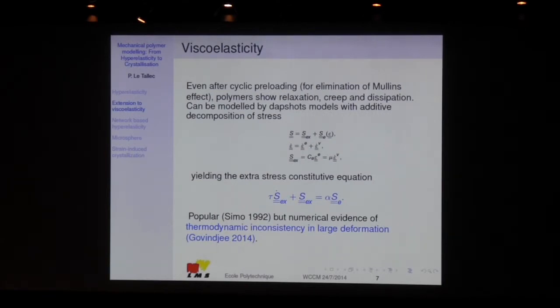The problem is that you may face thermodynamical instabilities. There is no guarantee, because of the time delay in the stress, that you will satisfy the second law of thermodynamics. And there is numerical evidence, recently pointed out by Sanjay Govindjee on a fast rotating wheel, where you can at least suspect that this model, when you have large, fast rotation of the configuration, may lead to thermodynamic inconsistencies, that is, a violation of the second law of thermodynamics.